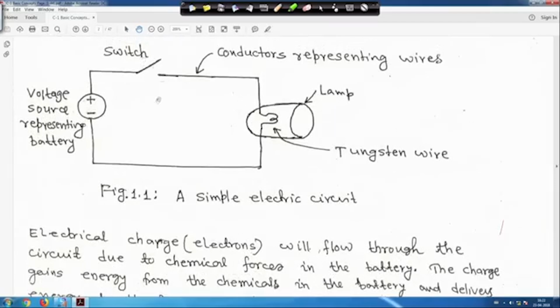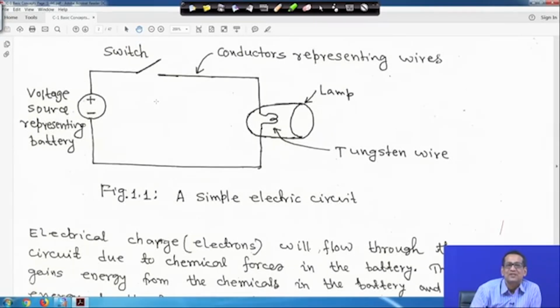But of course, this is if the switch is closed. One thing is that suppose this conductor wire is a copper wire, and the plastic insulation will be there, right. The tungsten wire is actually not a good conductor as compared to copper.